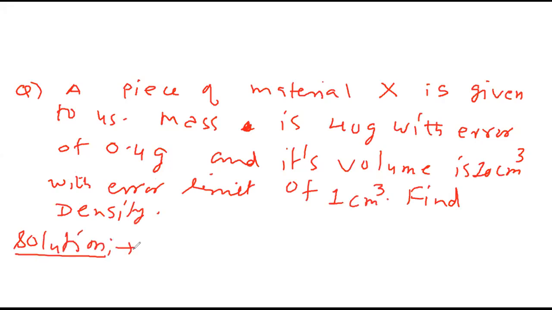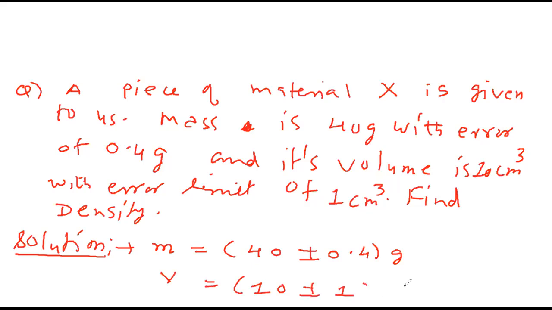So if I write in notation, M is mass, which is given as 40 plus or minus 0.4 gram. V is volume given as 10 plus or minus 1 centimeter cube. I am interested in density with proper error limits.